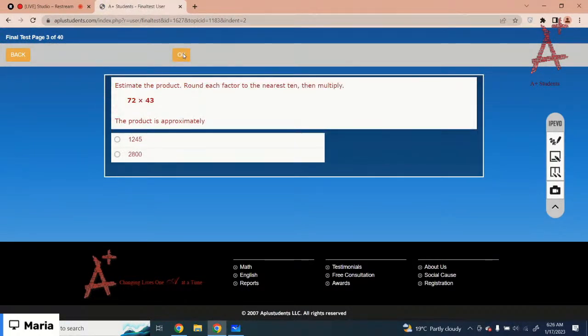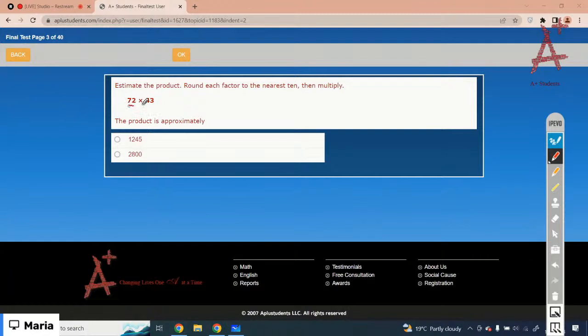Okay, estimate the product, round each factor to the nearest 10 and then multiply. So you have to round the factors to the nearest 10. Got it? So which is the nearest 10 to 72? It would be 70. Got it?